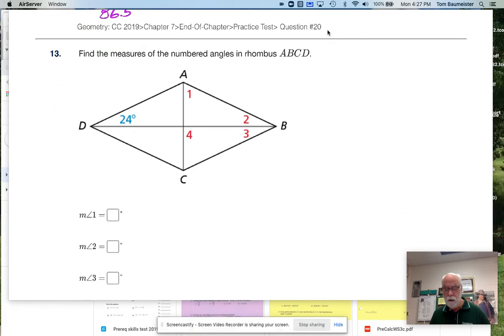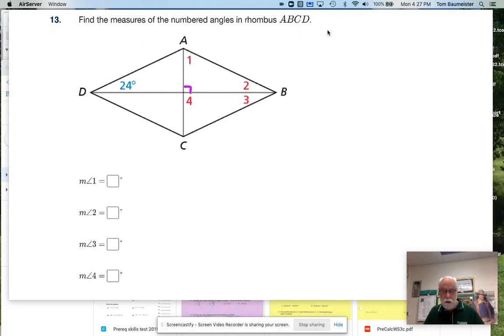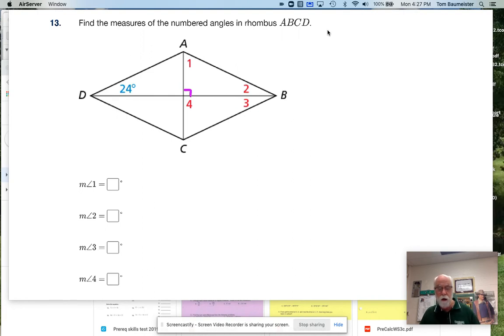13, find the measures of the numbered angles in rhombus ABCD. So just like before, ladies and gentlemen, again, diagonals are perpendicular to each other. So if they are perpendicular to each other, remember, you don't have to start with one right away, okay?